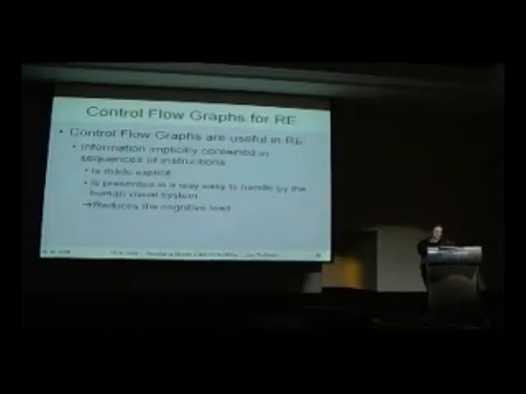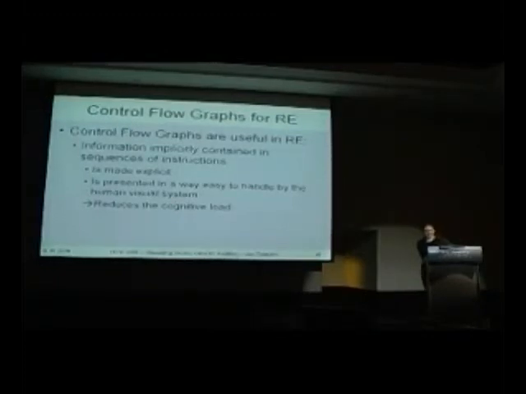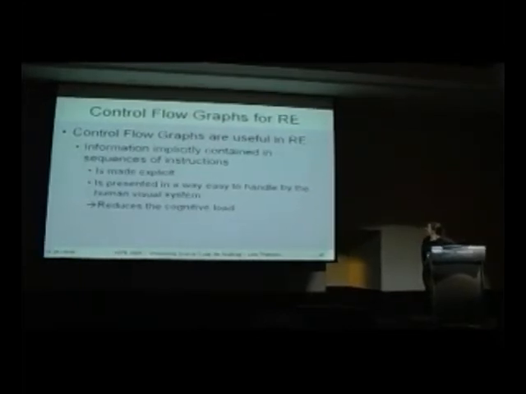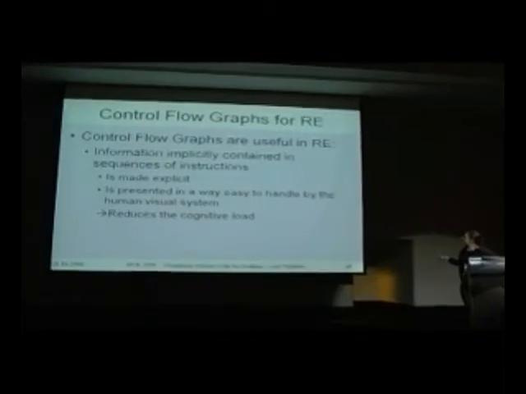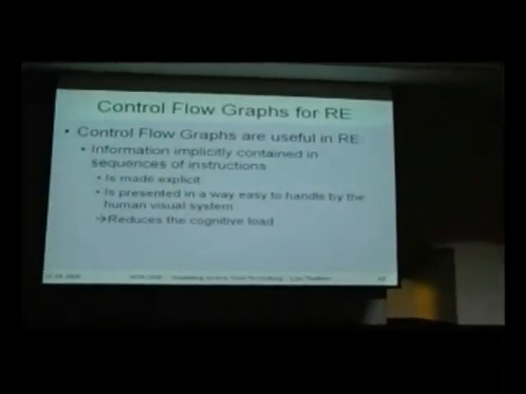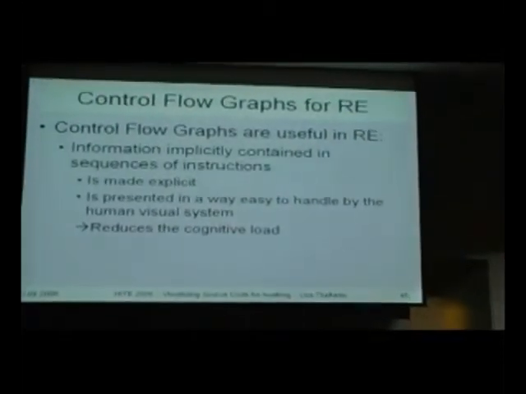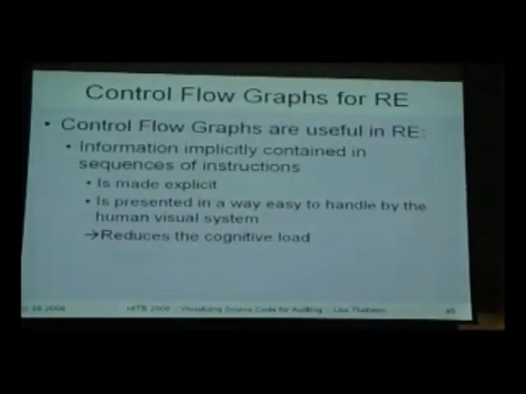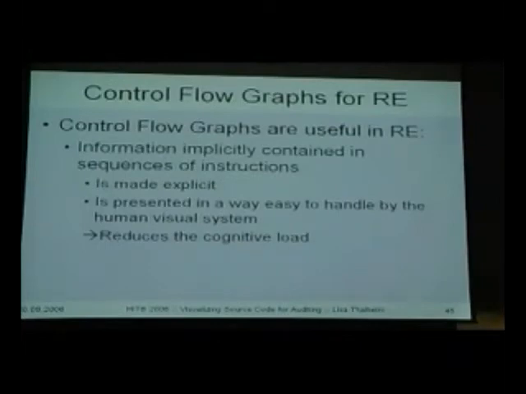So what actually makes control flow graphs useful in reverse engineering? They're pretty much taken for granted where I come from, but what actually makes them useful is that there's information implicitly contained in the instruction sequences. So you have just lots and lots of listings, and this information is made explicit if you build basic block graphs and depict the control flow within these graphs.